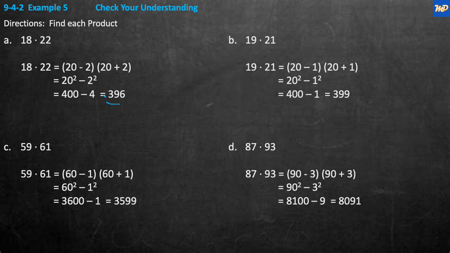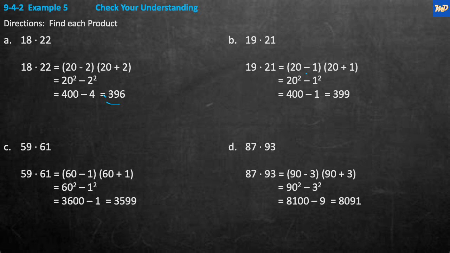19 and 21. So that's going to be what? That's going to be 20 for both of them. So it's going to be 20 minus 1 and 20 plus 1. And if we take the first term and the last term, we get 20 squared, and it's minus, because we have the minus in here. So it's minus 1 squared, the last term.